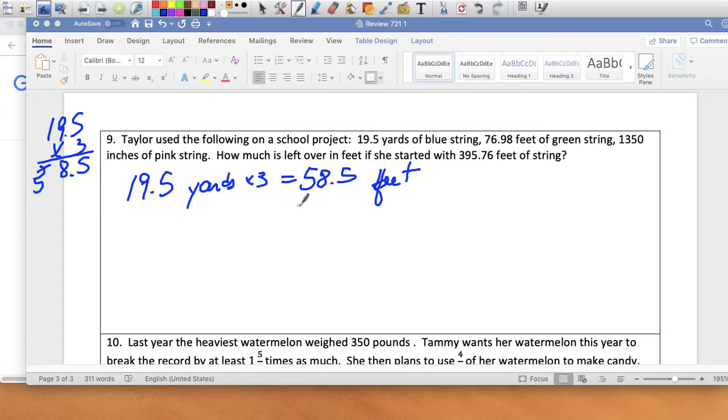The second one is already in feet, thankfully. 16.98 feet. Right, and then 1,350 inches.